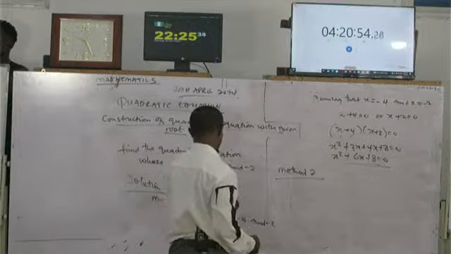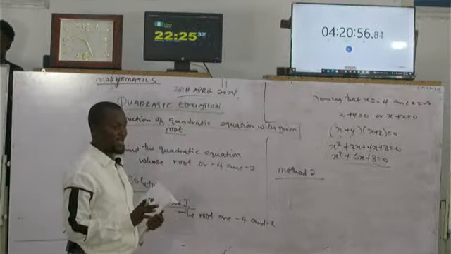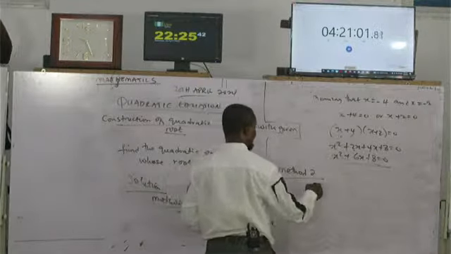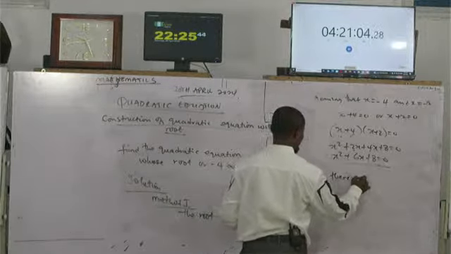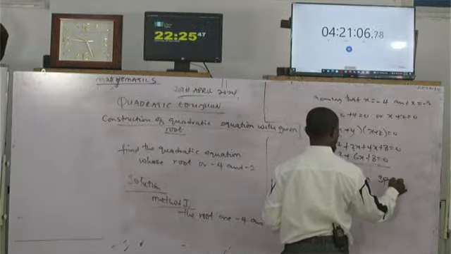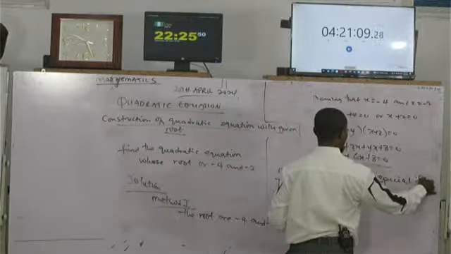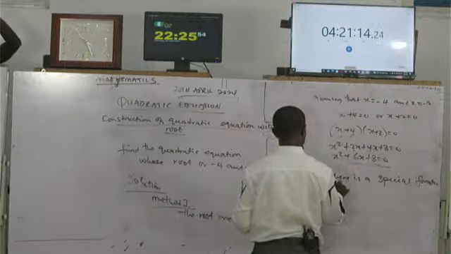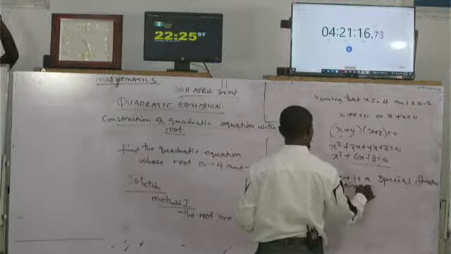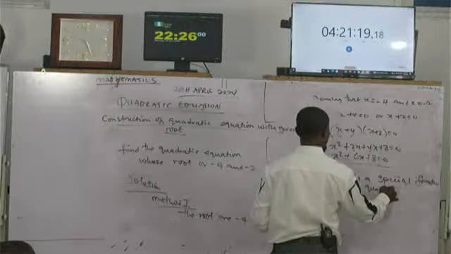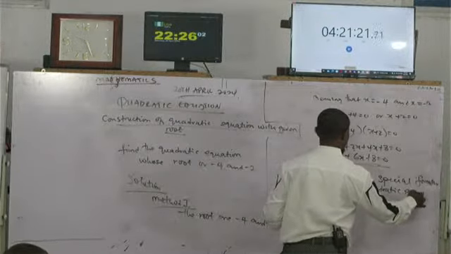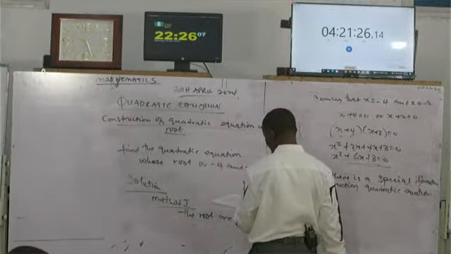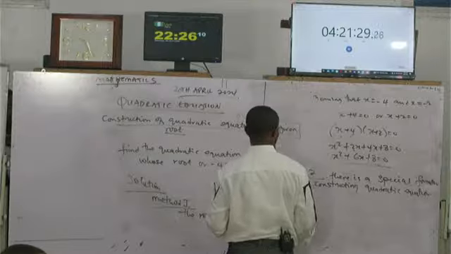For method 2, there's a special formula for constructing a quadratic equation. Now this is how we do it.